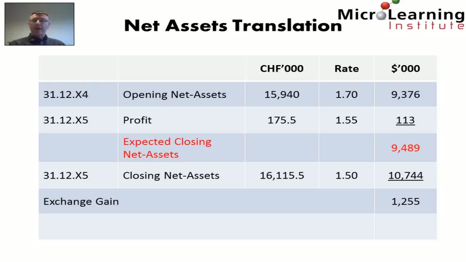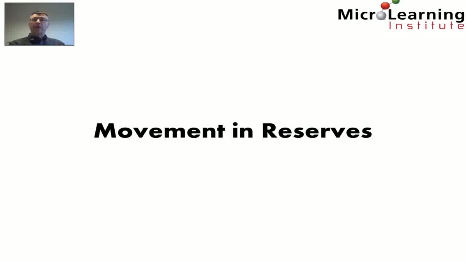So that exchange gain is $1,255,000. Now into group reserves we will take the group share of that exchange gain, which of course is just over $1 million.